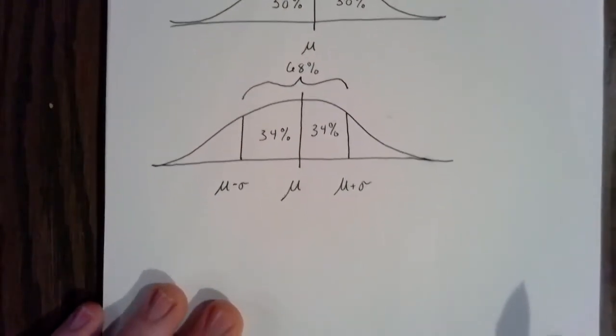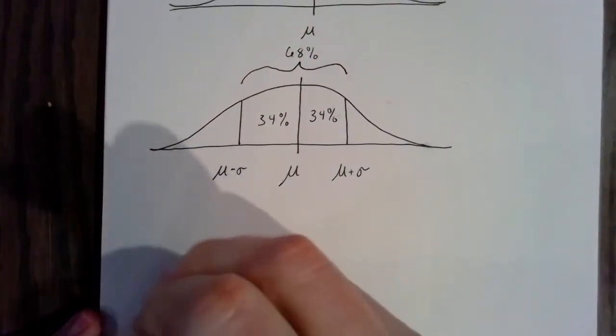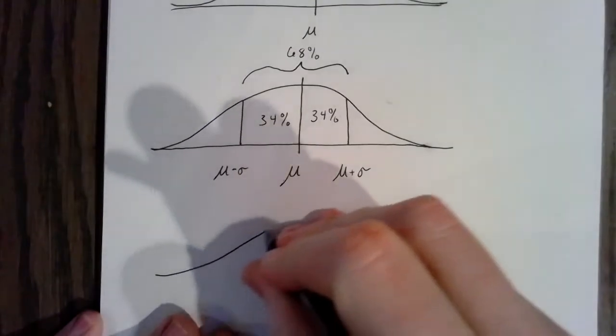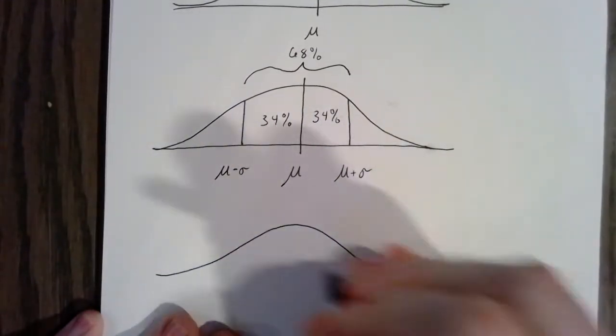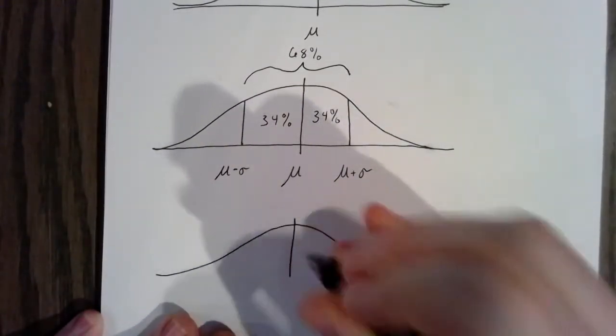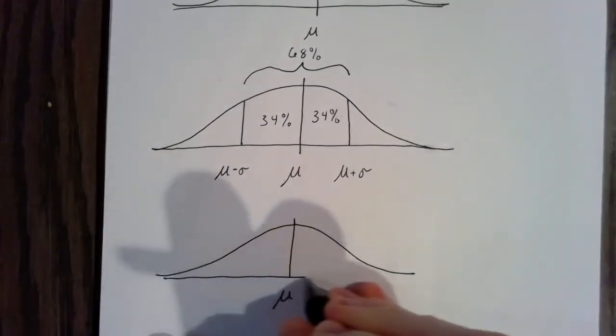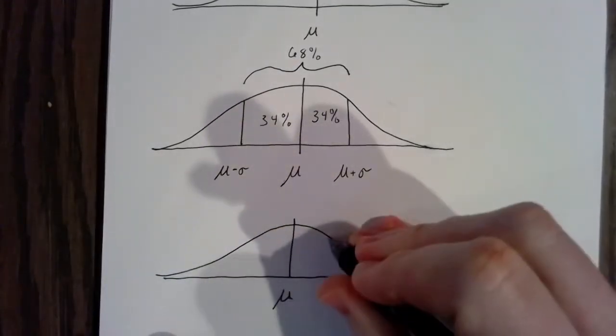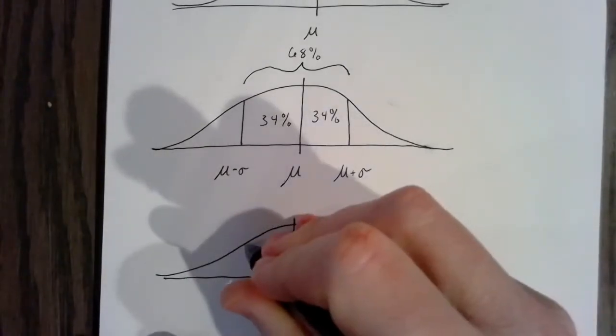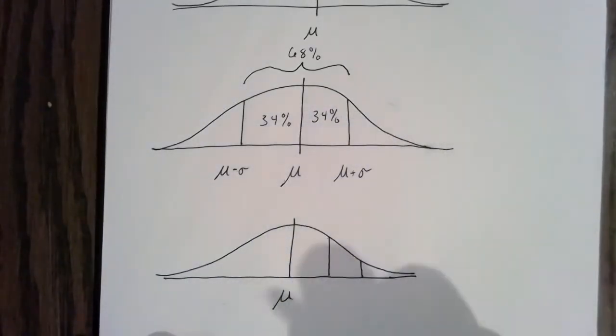Now, if we go to 2 standard deviations, the number goes up pretty high. I'm not sure exactly off the top of my head, but here's mu, here's our normal curve. We go 1 sigma, and then a second sigma.